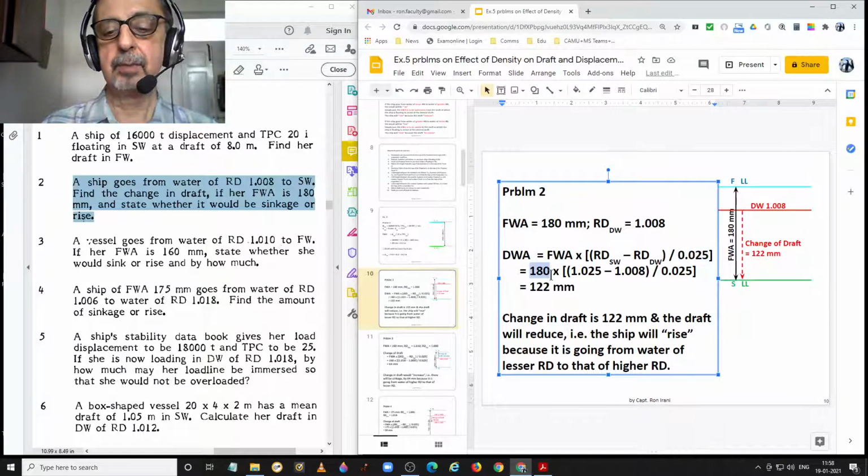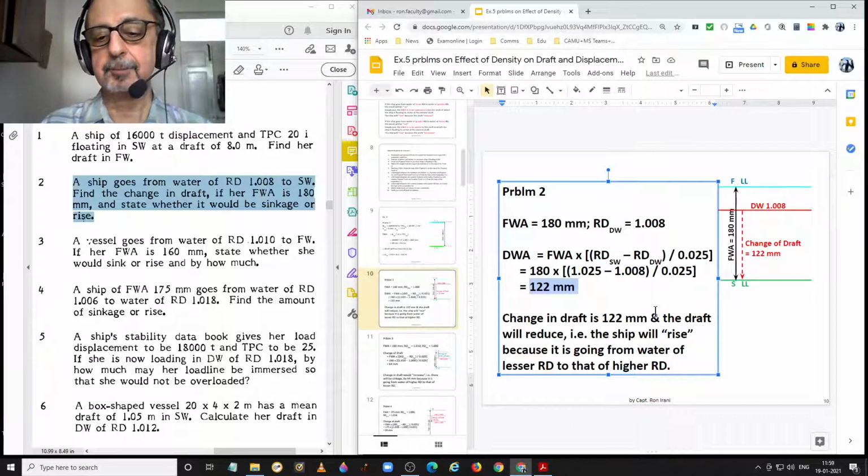Freshwater allowance 180, relative density of salt water 1.025, and relative density of dock water 1.008. The difference of the two multiplied by 180 divided by 0.025 gives us a dock water allowance of 122 millimeters.